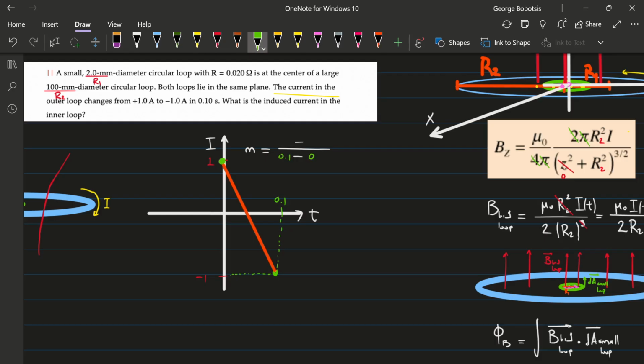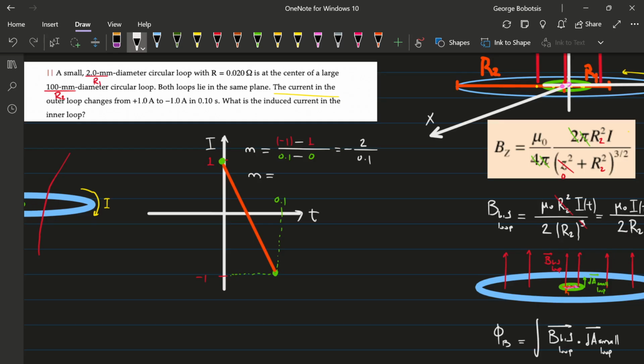So 0.1 minus 0, yeah. And then it will be negative 1 minus 1. There you go. So it looks to me, that's going to give you like a negative 2 over 0.1. But you can always simplify that a little bit here. Isn't that negative 20? I think so.